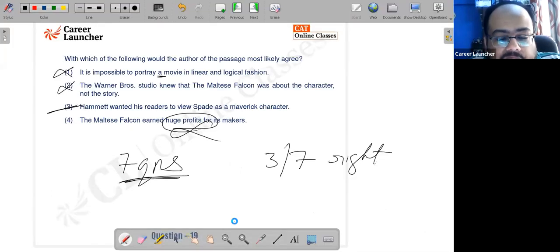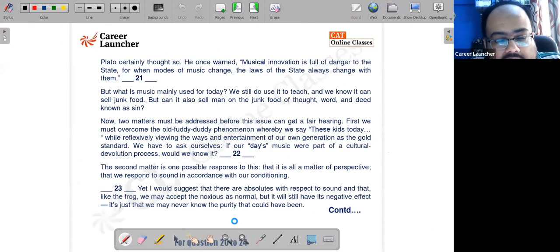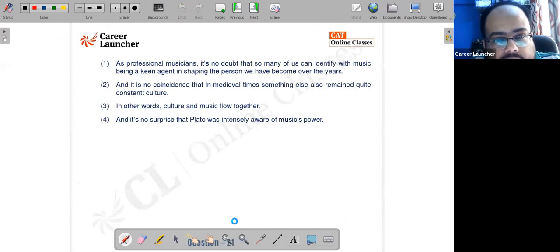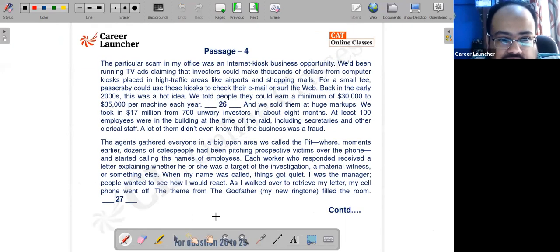In the sheet, I want you to move to passage 4. I'll just display it on the screen also. This is passage 4.